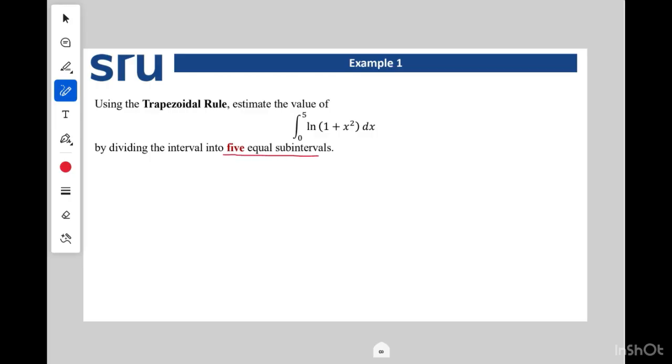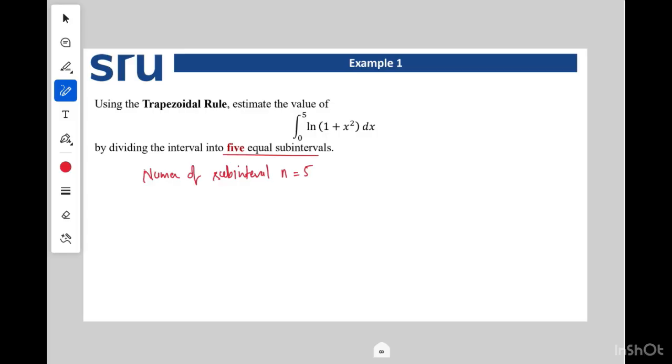So here the number of subintervals n is given as 5. So if we have n, we can calculate h.